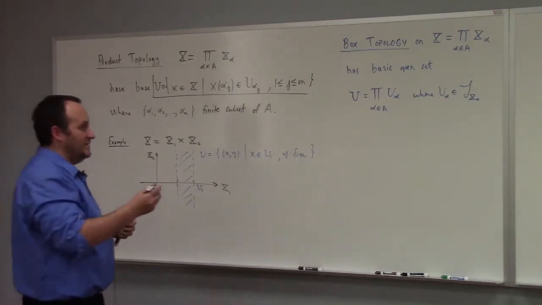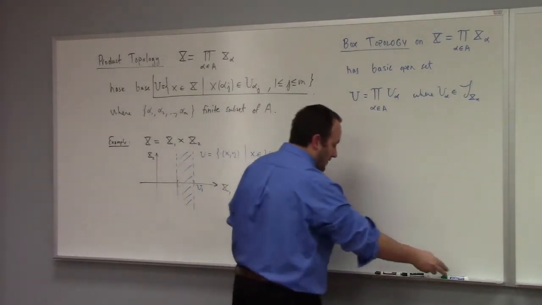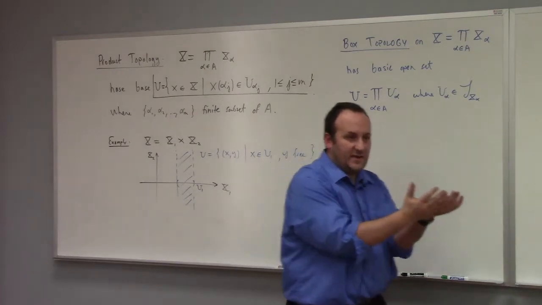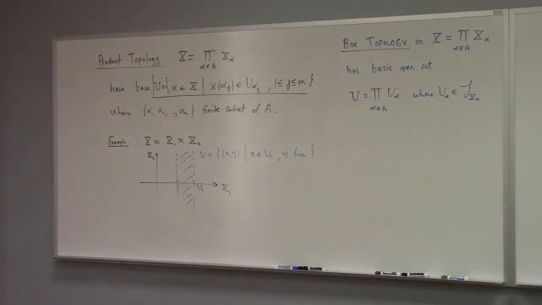Because you could take the case that U alpha is equal to X alpha. If you just imagine taking U alpha equal to X alpha for all but finitely many of them, then you're back to the sort of thing that we were talking about for the product topology. Does that make sense?